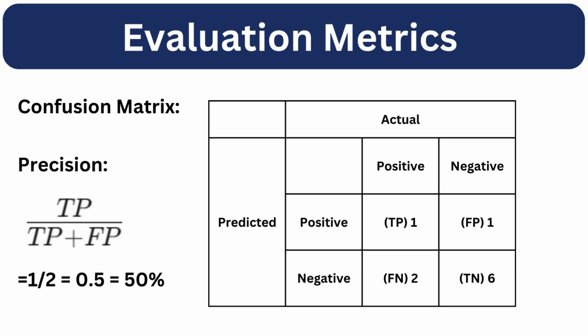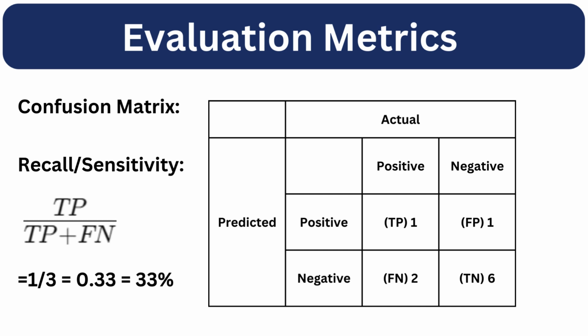Precision tells us how many of the predicted positives are actually correct. It's crucial in scenarios like spam detection, where false positives are costly. Mathematically, it is written as true positives divided by true positives plus false positives. So our precision is 0.5, which means 50% chance.